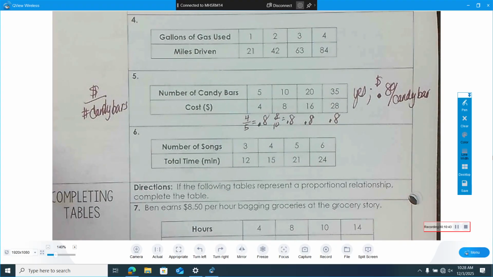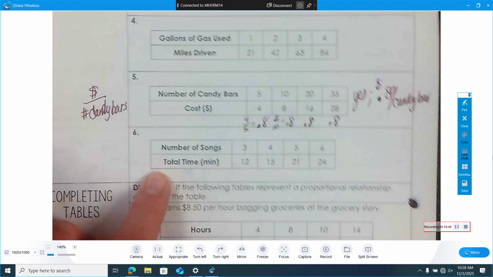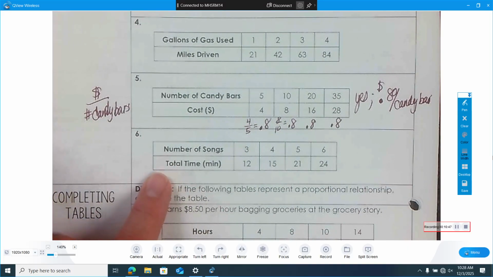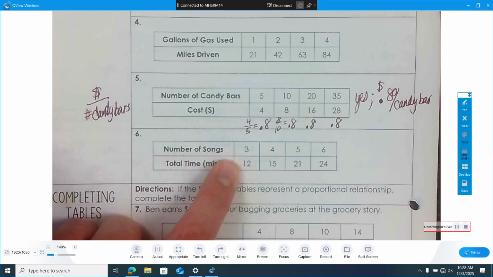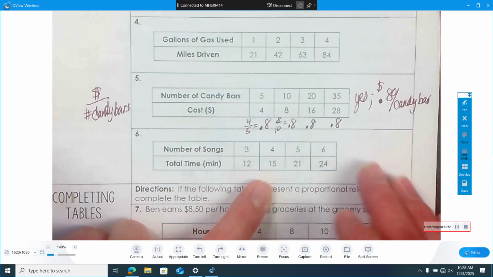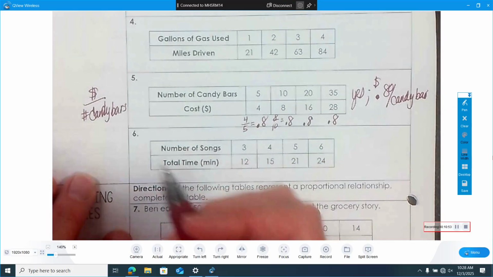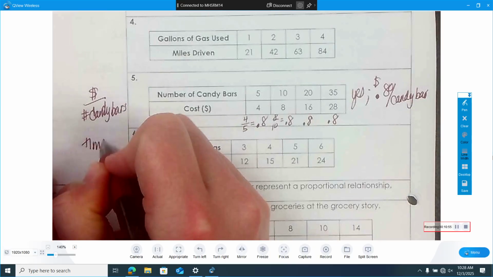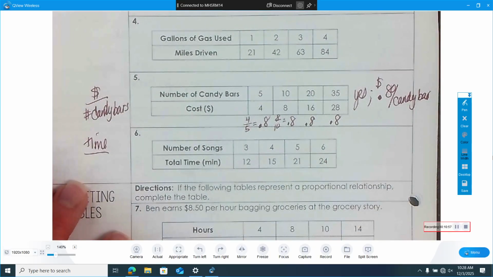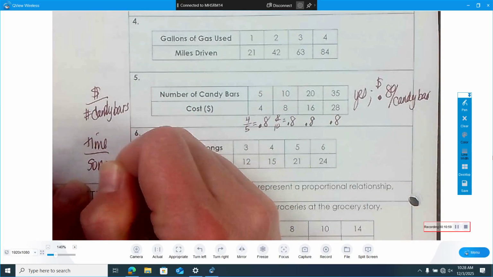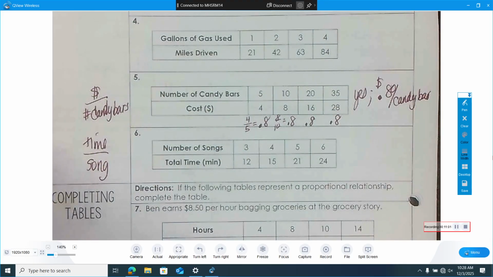All right. So this one's a little bit trickier. We normally say time on the bottom, but this is actually, we're looking at how many songs are being played and the total time we're spending listening to it. And so actually for this one, our ratio would be the time per song. We're trying to figure out the average time per song.